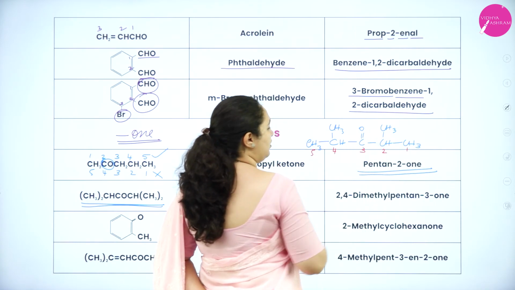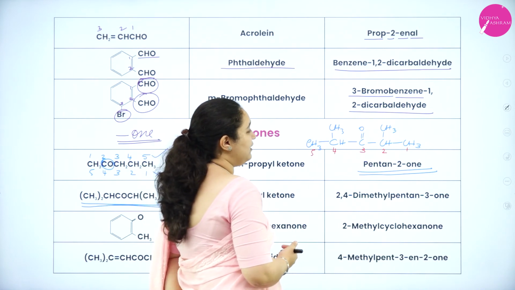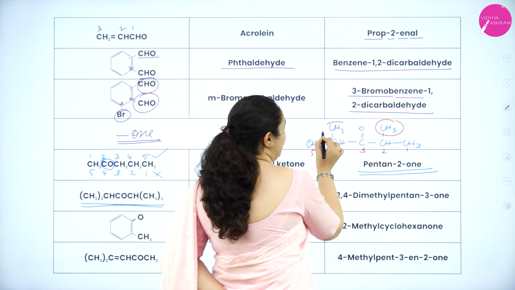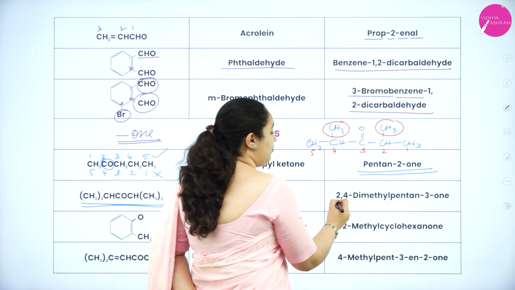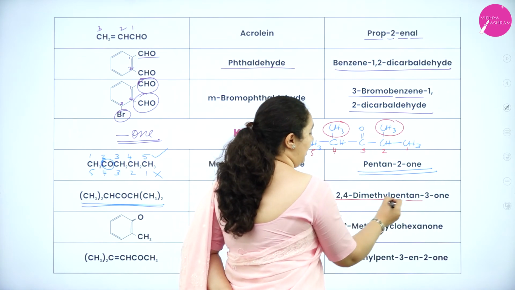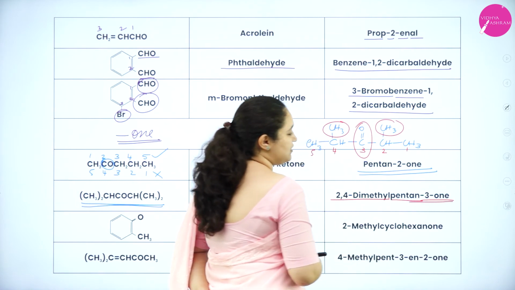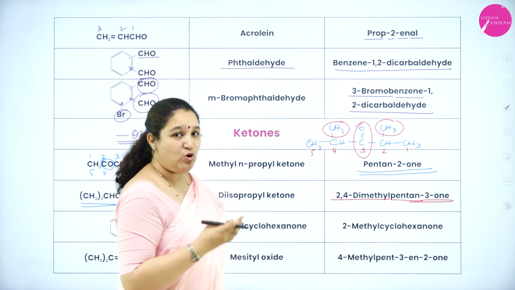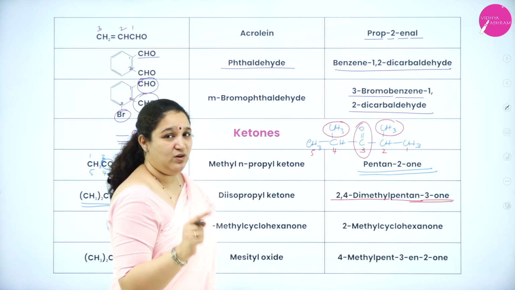Either way also, this is going to get 3 only as the number. So, no change. So, what will be the name? Second carbon atom and the fourth carbon atom has got the methyl group. So, it is 2,4 dimethyl. Root word is pentan. And third carbon atom is the carbonyl group. So, it is 3-one. So, it is 2,4 dimethyl pentan 3-one.